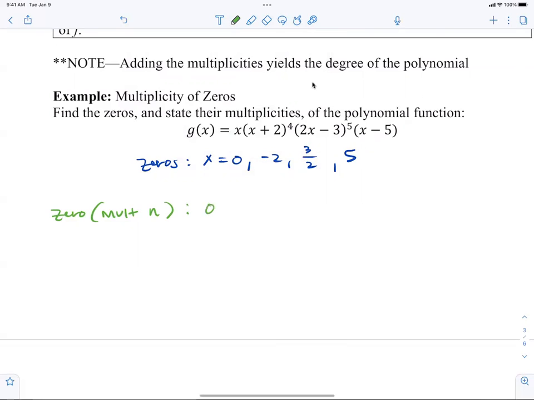Okay, so like for 0, that's mult 1. And you're just listing them. -2 is mult 4. 3/2 would be mult 5.